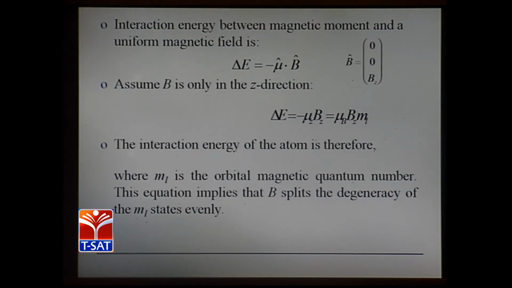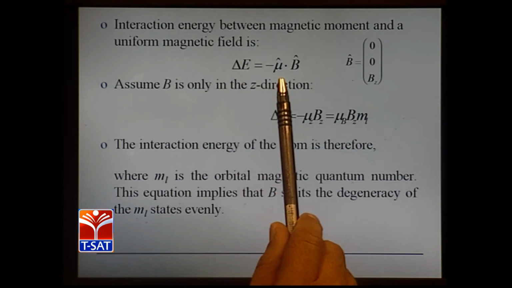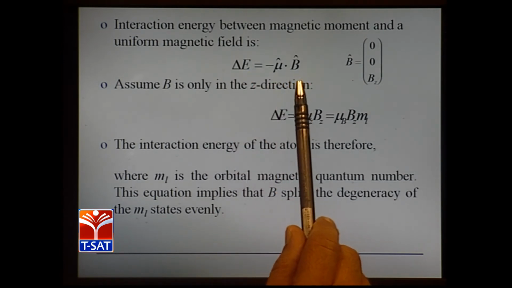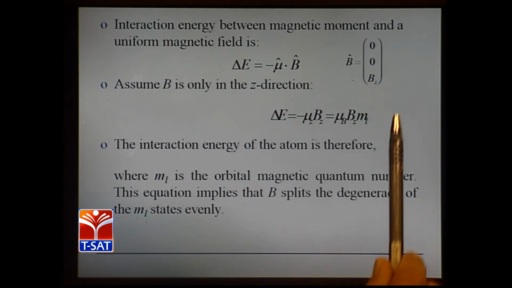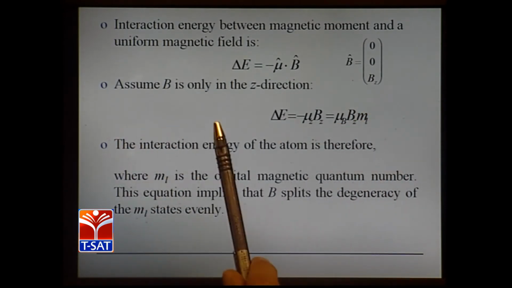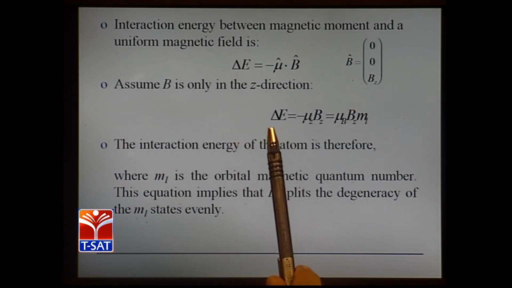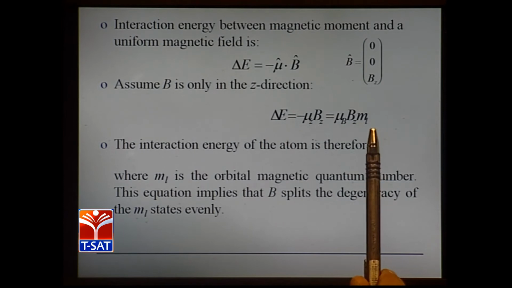The interaction of energy between the magnetic moment and the uniform magnetic field is given by this equation: delta E is equal to minus mu dot B, where B is the magnetic field applied in the z direction. Assuming that B is only in the z direction, this equation will turn out to be like this.